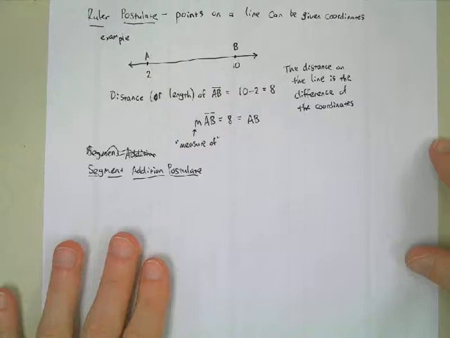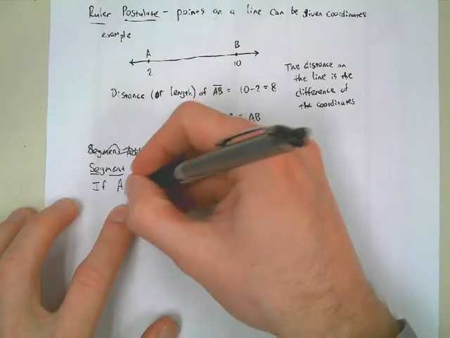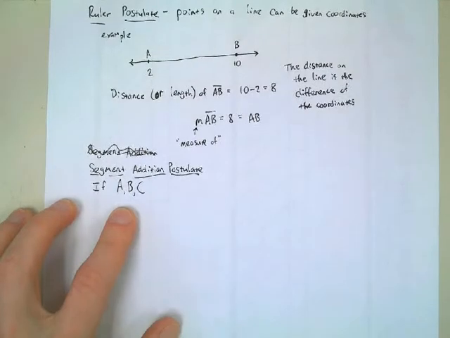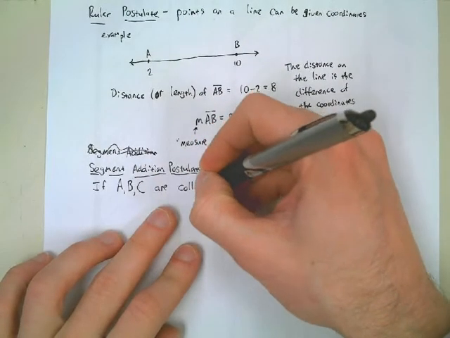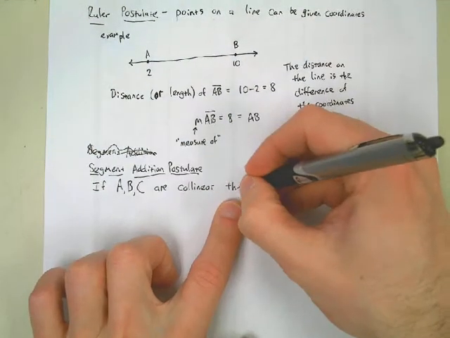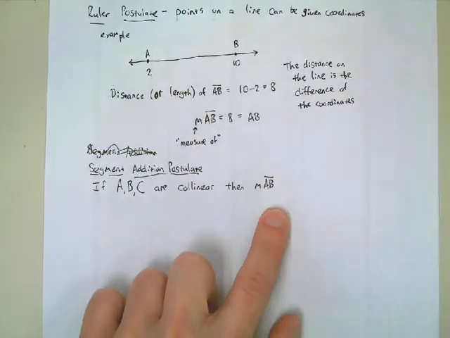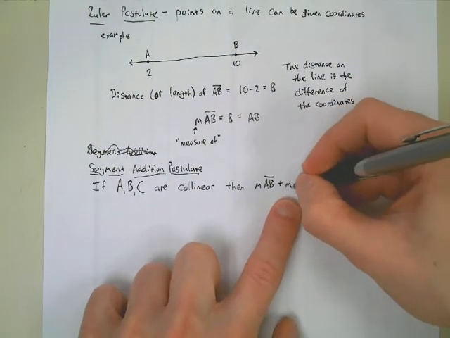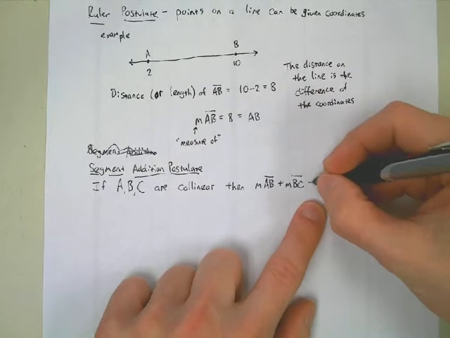Segment addition postulate, though: if A, B, C are collinear, then the measure of segment AB plus the measure of segment BC is equal to the measure of AC.